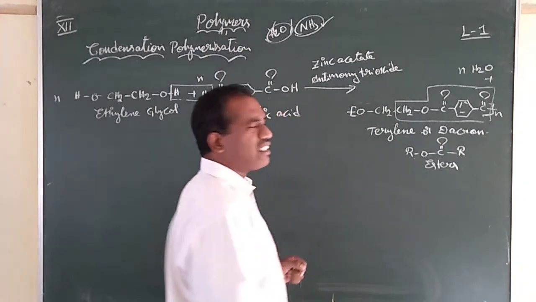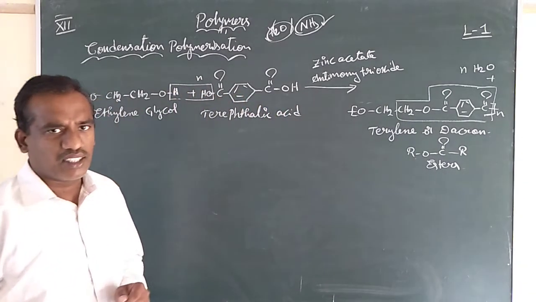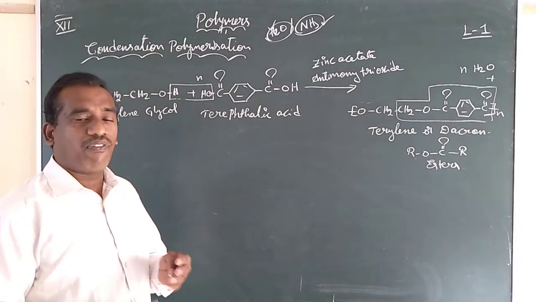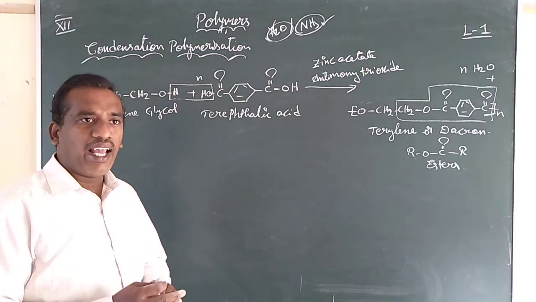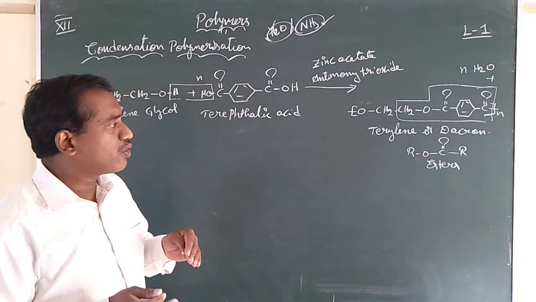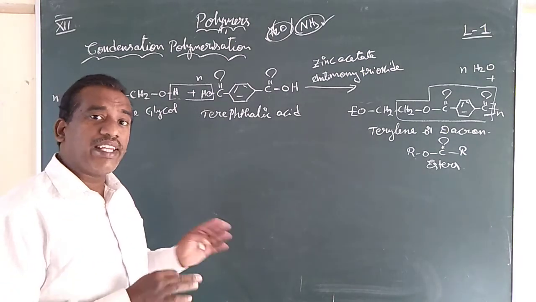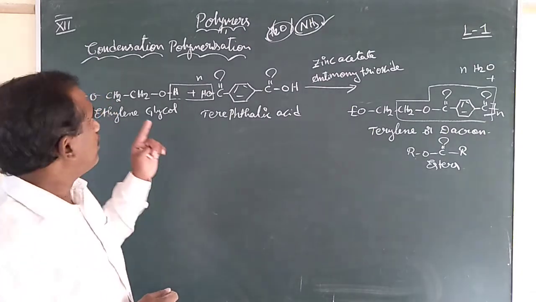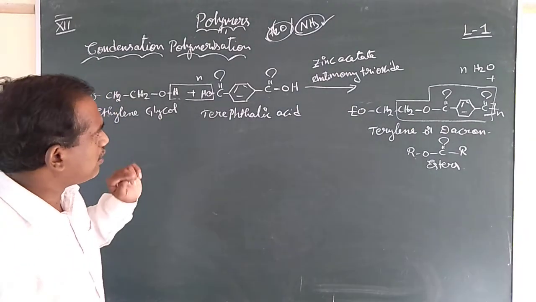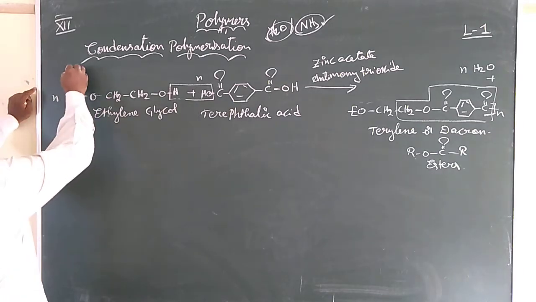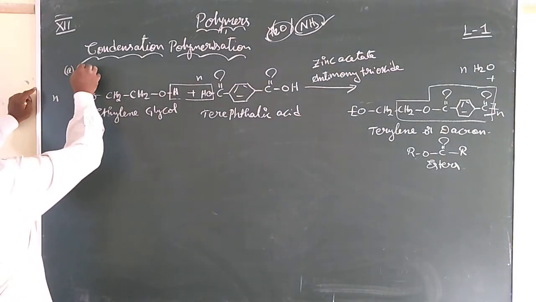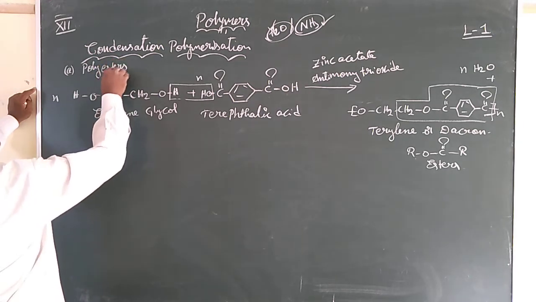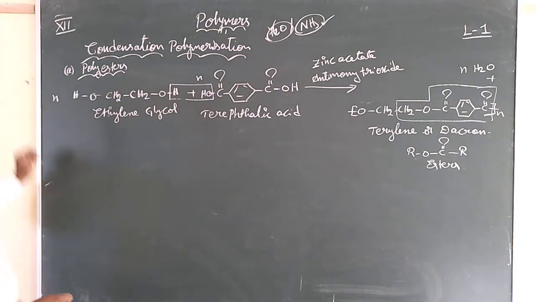Esters. So during the condensation polymerization, the formed polymer will have functional groups that are different from the reactants. So here the condensation polymerization is involved in the formation of many functional groups. One of the functional groups that we are seeing here is called the polyesters.